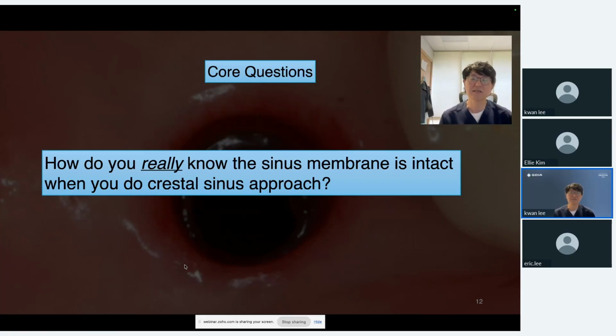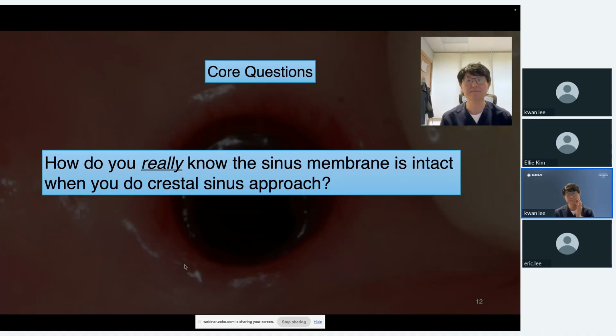And many times you could pinch the patient's nose and have the patient blow their nose. If air comes through the osteotomy, then boom, you know that the membrane has been perforated. So the only time that you find it out, the feedback is, something happened, the membrane is already perforated. Before that, during the procedure, you have no idea. So that was one of my core questions.